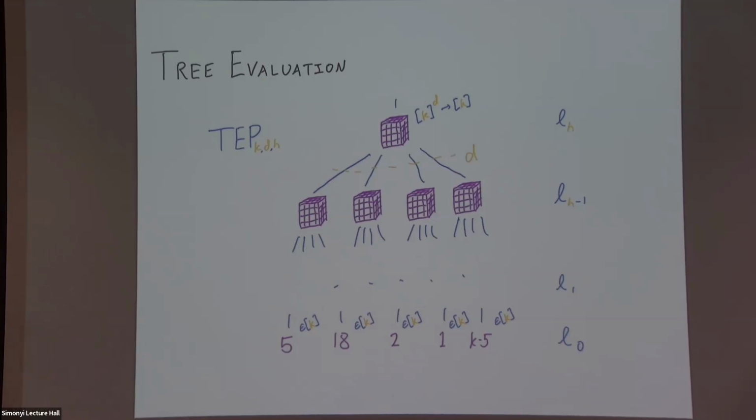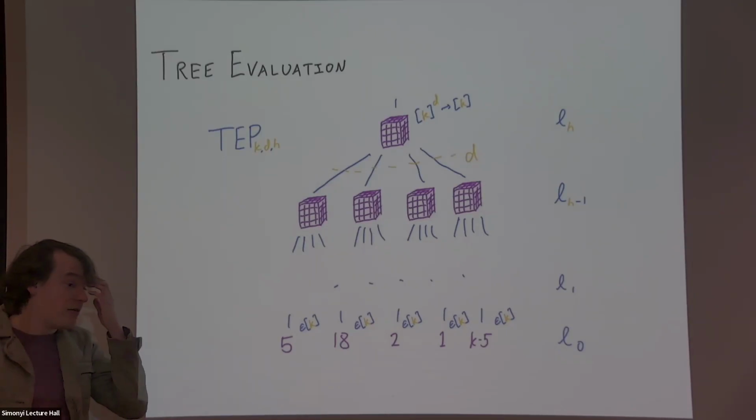In its full generality, the tree evaluation problem is parameterized by 3 numbers, K, D, and H. K is an alphabet size, D is a fan-in, and H is a height. So true to the name, we are given a rooted tree where the fan-in is this parameter D, the height is this parameter H, and what we mean by alphabet size is that each of the leaves is going to be labeled with a number between 1 and K at the bottom.